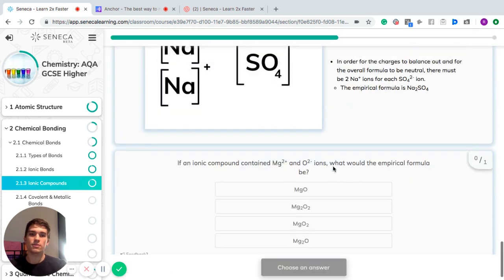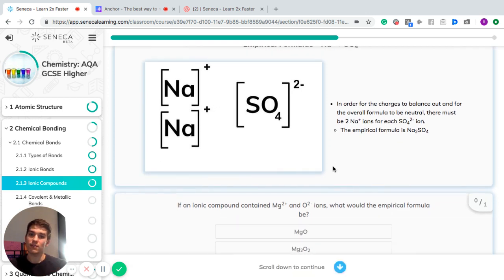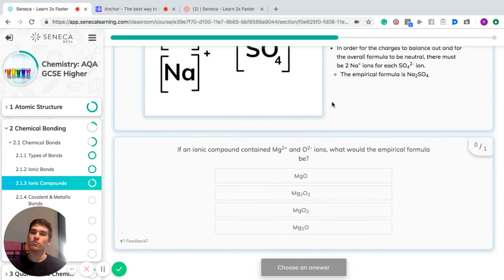So in order for charges to balance out, the overall formula has to be neutral. Just remember this again with the sodium sulfate example, there must be 2 sodiums and 1 sulfate. That's because each sodium's got a plus charge on it, and the sulfate's got 2 minuses. So to balance those out, neutralize them, we need to have 2 sodiums and 1 sulfate. So again, we can say that the empirical formula is Na2SO4.